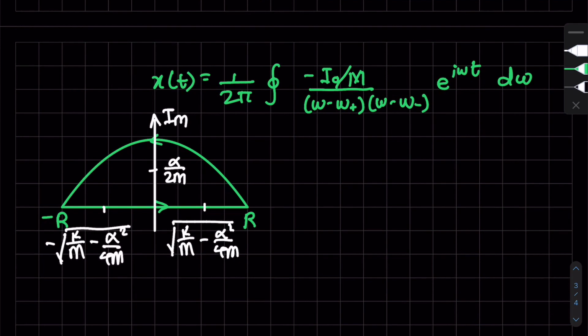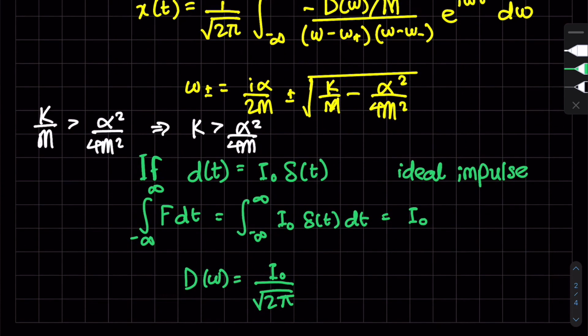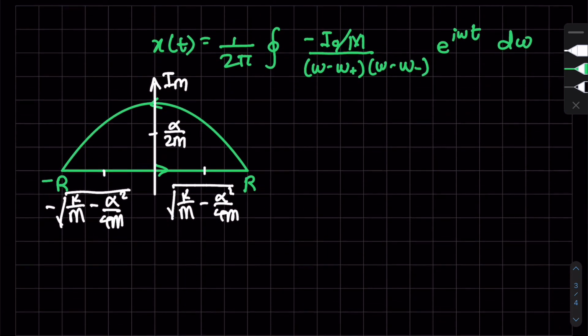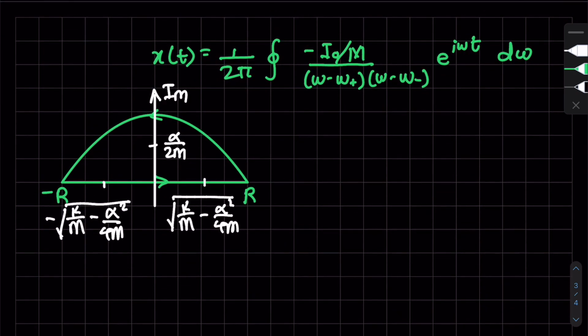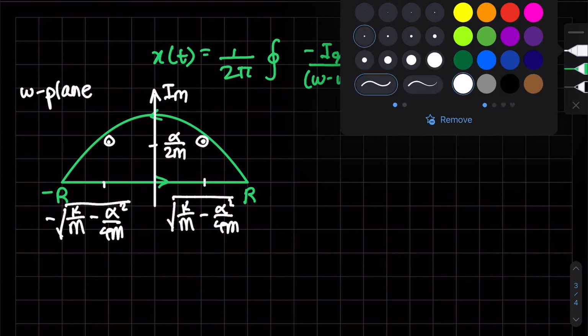So our poles are essentially going to be at this point and at this point, which is well inside the contour. This is the omega plane.